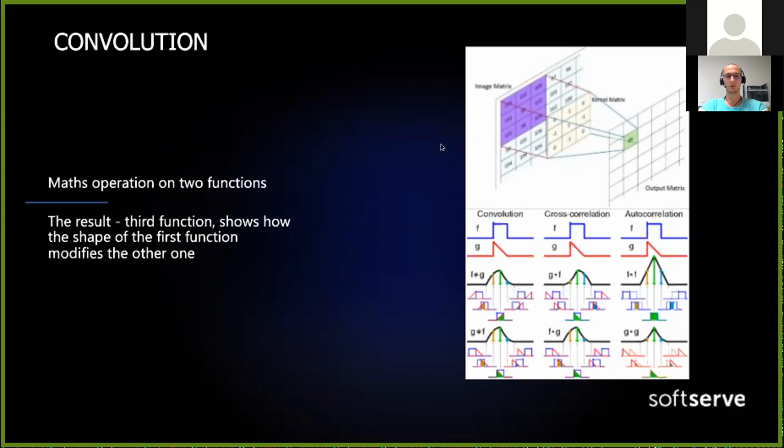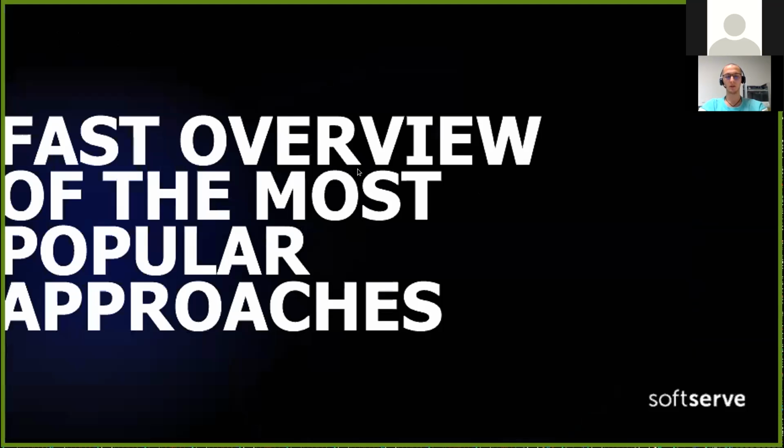In image processing, we use the image as an M by N matrix, and we use small kernels. It can be from one up to many kernels, 3 by 3, 4 by 4. It has to be square, and the result is a smaller matrix that shows some features of the input image that are obtained by applying the kernel.